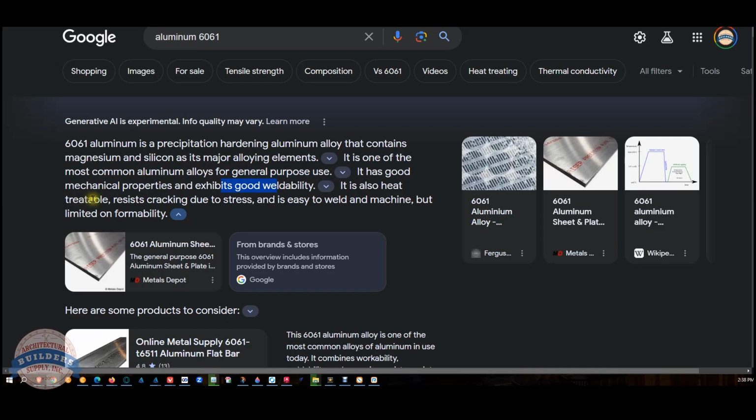It is also heat treatable, resists cracking due to stress, and is easy to weld and machine, but limited on formability. Now, I have read elsewhere that 6063 is used because it's specifically conducive to the extrusion process, where 6061 is specifically used because of its machinability, its predisposition to being easily machined.